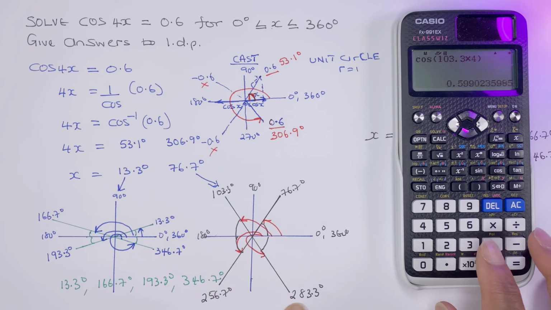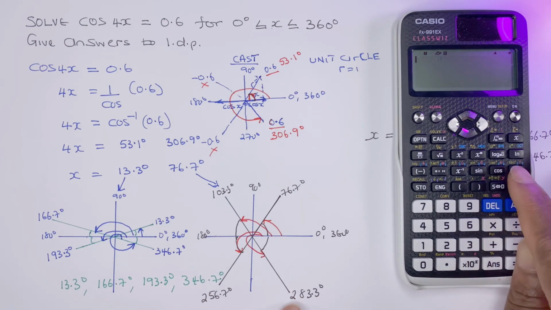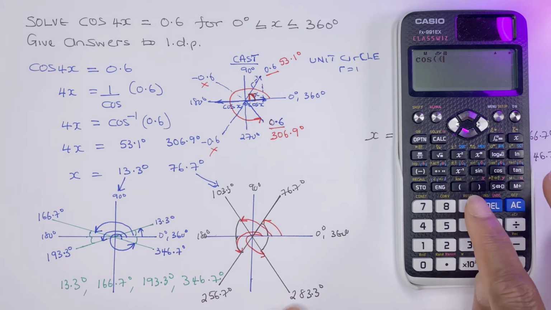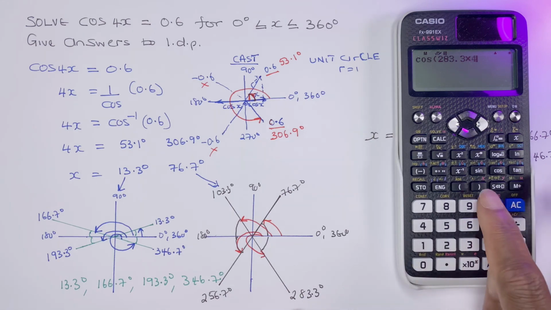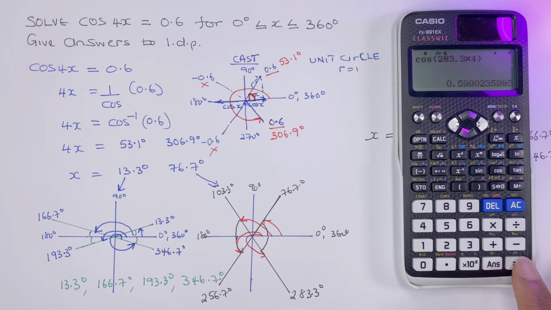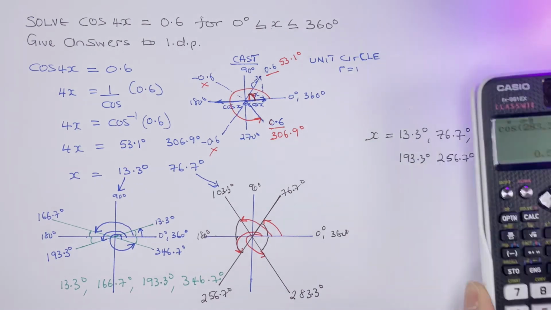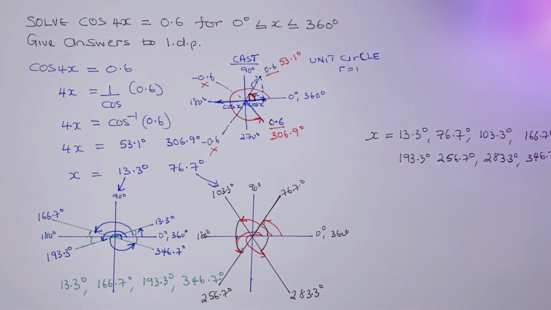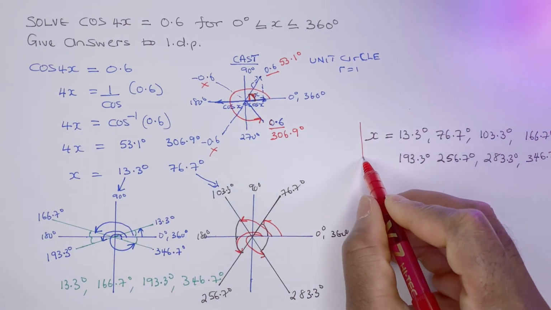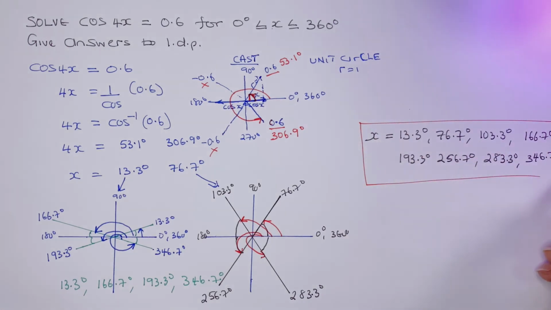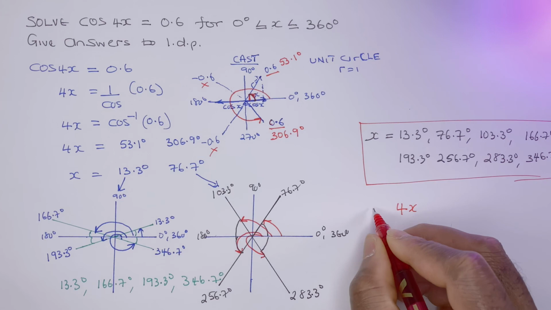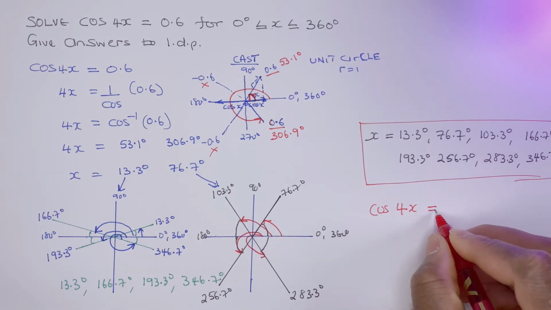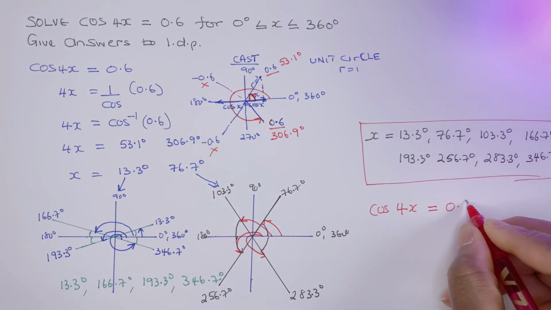Awesome. Let's try this one: cos of 283.3 times 4, close bracket. Again, 0.59. So those are the x values that satisfy that condition for when you have cos of 4x equals 0.6.